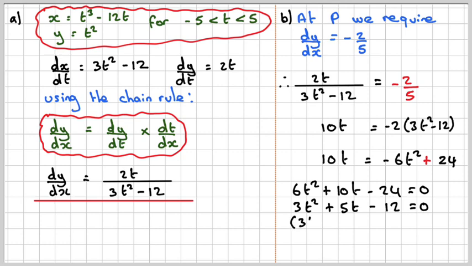Then this factorizes quite nicely: 3t minus 4 times t plus 3 is equal to 0. That gives t is 4 over 3 and t is minus 3. Now one of these will give me the value of P. The most likely one is minus 3, but you could try both and you'll find that only one will work.